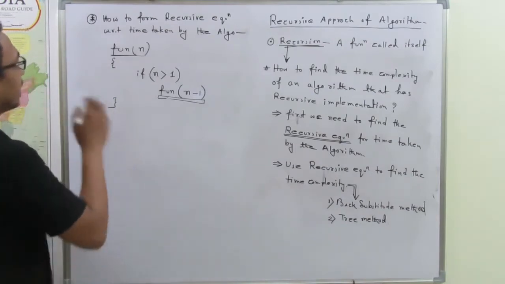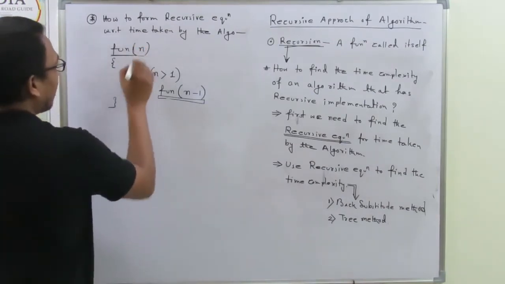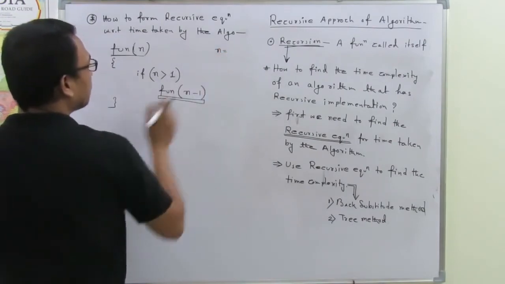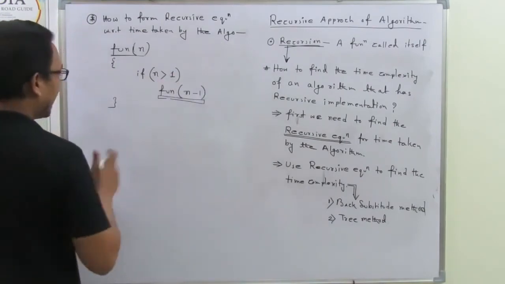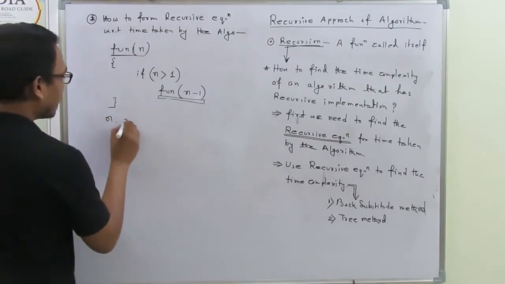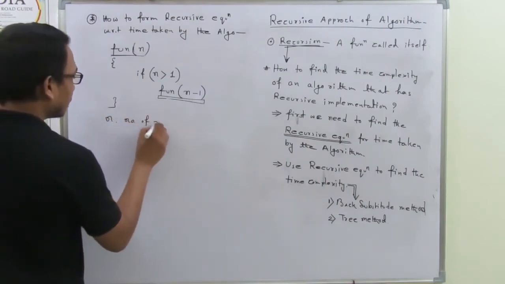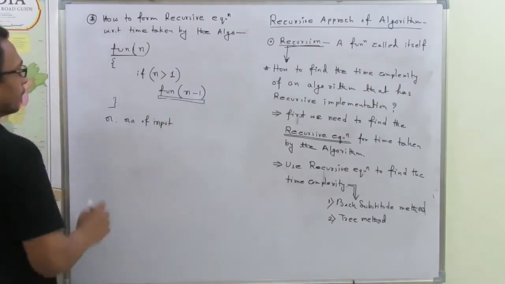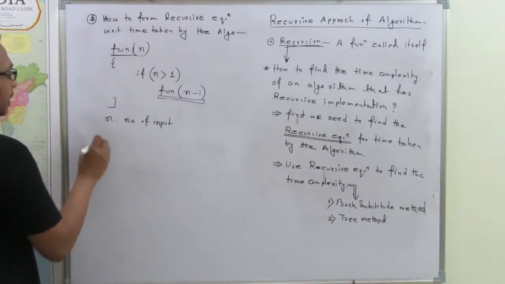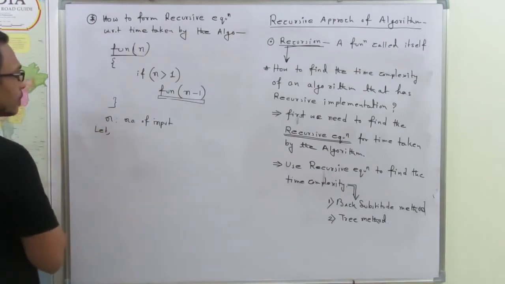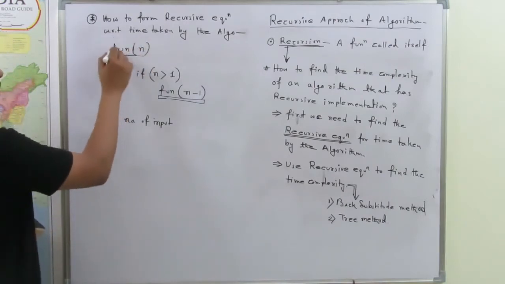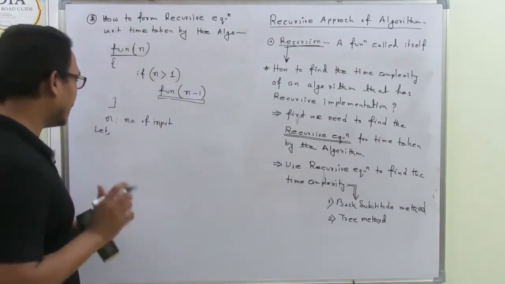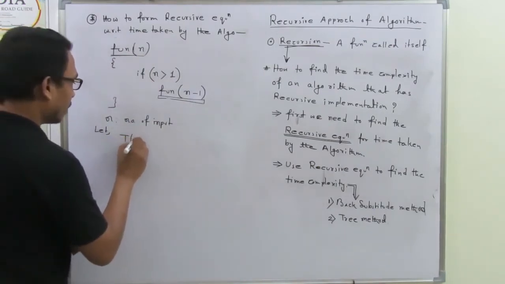Now look at here. What is this n? N means number of input. What is this n? N defines number of input. So let total time taken by the function when the number of input is n be t of n.